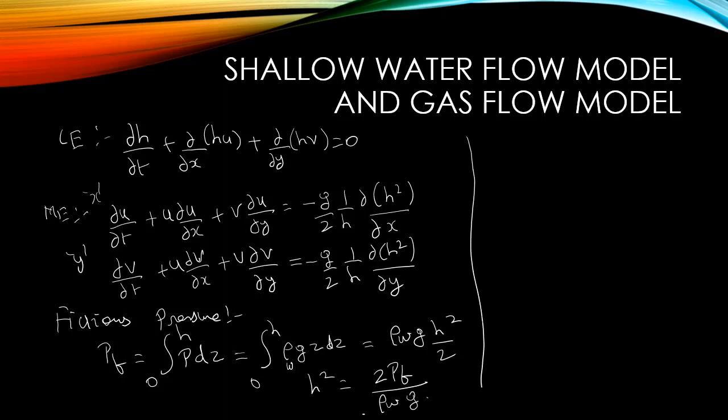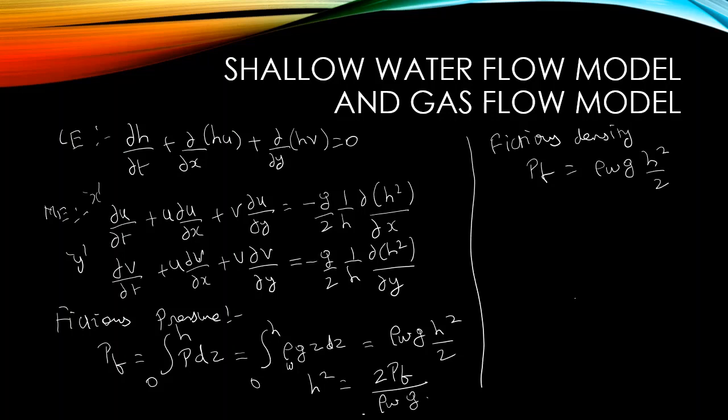And then we are going to write it for fixed density. So what is your fixed density? Your fixed density is rho f. Again you write it for rho f, so that you are considering the same fixed pressure equation, rho w g h square by 2.